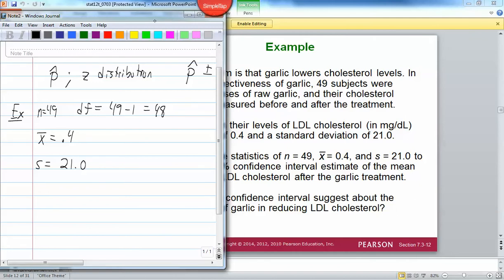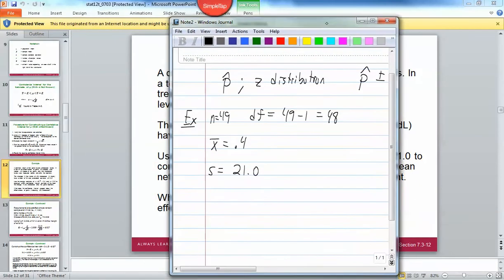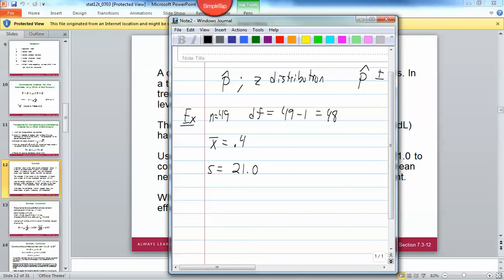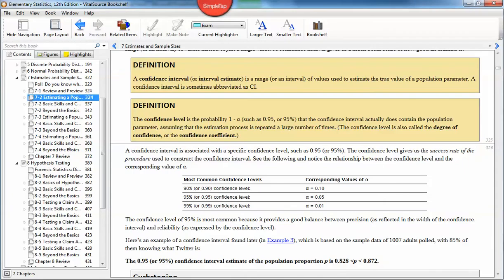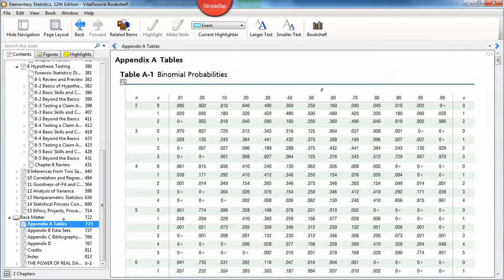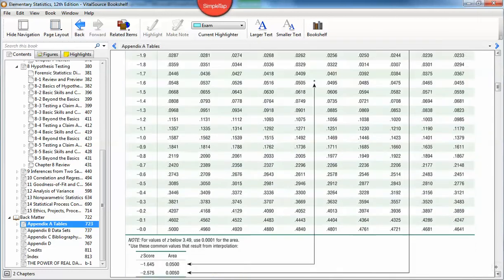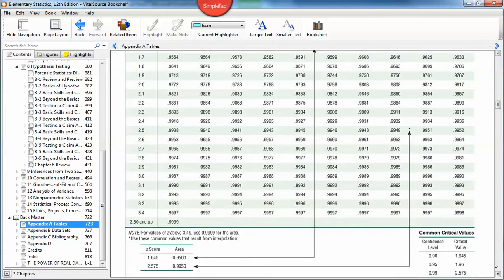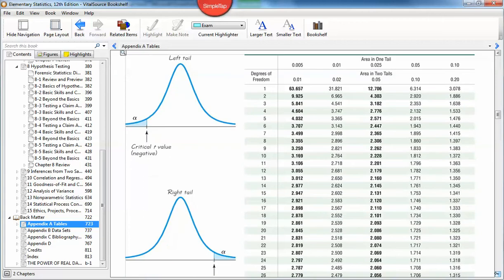Okay, so the first thing that we need to do, we want to figure out the margin of error. So the formula for the margin of error tells us we need to find a critical t value. So we need to go to our critical t chart. In your ebook, if you go to Appendix A, it's the one that is right after your z-score chart.